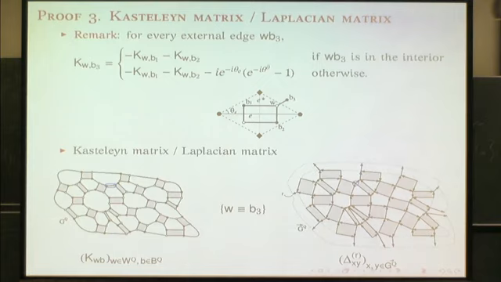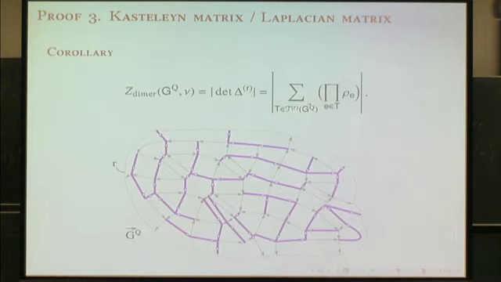And so once you have this, then the determinant of a Laplacian matrix is, by Kirchhoff's matrix tree theorem, the sum over spanning trees. Since our matrix is not symmetric, it's a sum over oriented spanning trees of this directed graph GQ, constructed from G by merging the white and the B3 and orienting the edges from white to black.